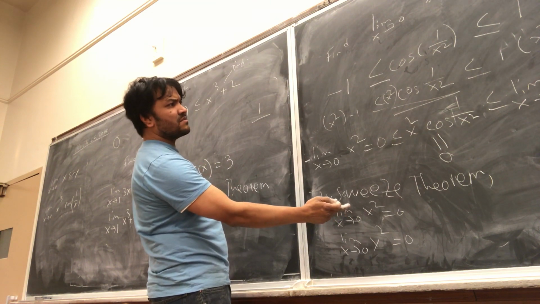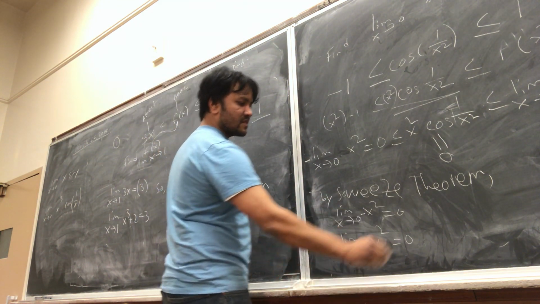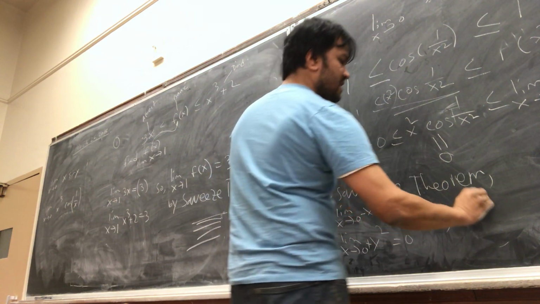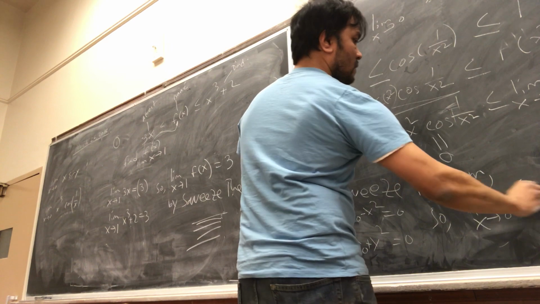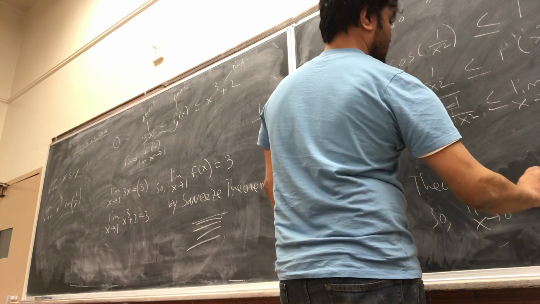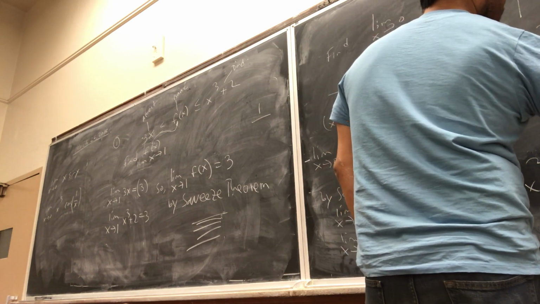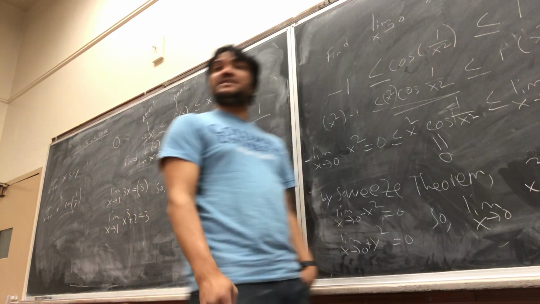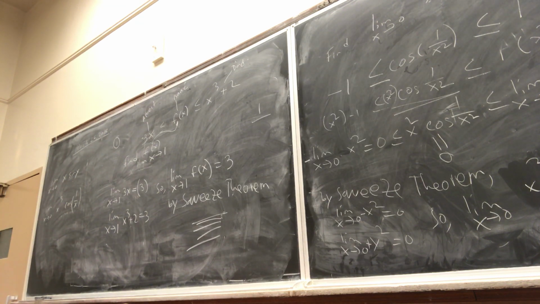So the limit as x goes to 0 of x squared cosine 1 over x squared is 0. Please make sure you write all of the argument in the test, or make it seem obvious.